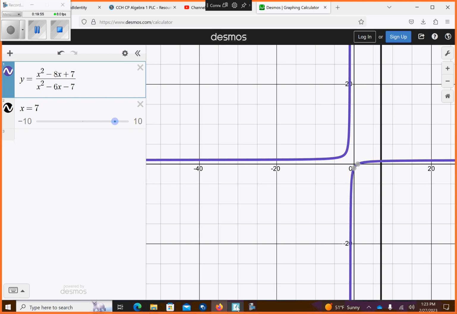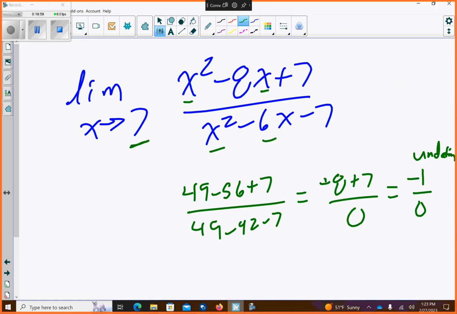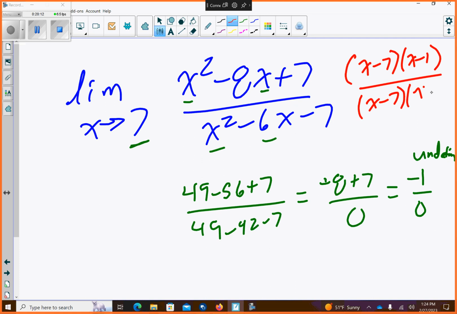So let's think about how this problem could be worked differently. Let's go back to algebra 1. I'd say x minus 7, x minus 1 is what the top would factor to, and then x minus 7 and x plus 1 on the bottom. Those cancel each other out.